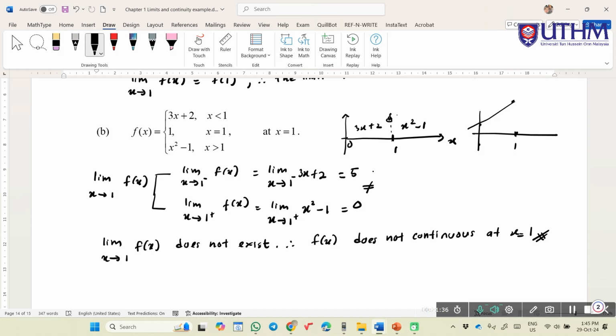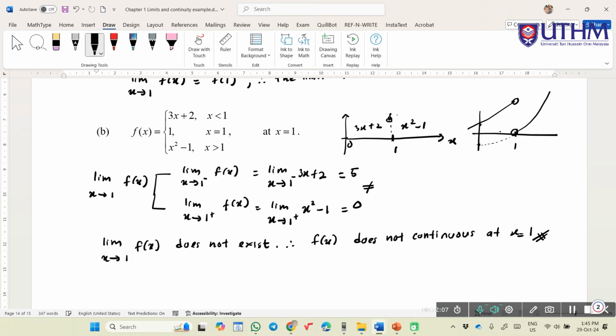It is the quadratic graph. However, since we start at 1, the graph from 1 is like this, the quadratic graph. Because this does not include the value of 1, we put a hole here and also a hole here.